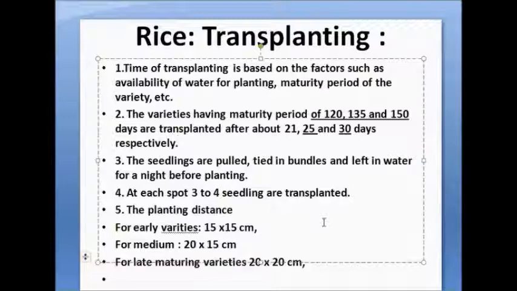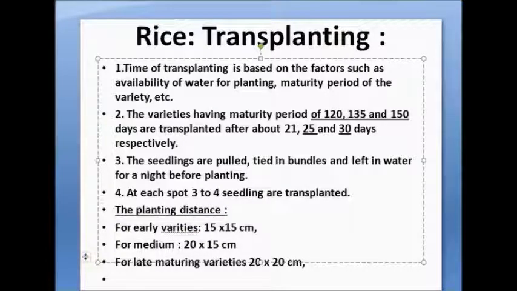Then at one place 3 to 4 seedlings are transplanted. Then the planting distance, here in this case the planting distance is same as we have studied in the previous, that spacing in sowing. So here there is a spacing for transplanting.